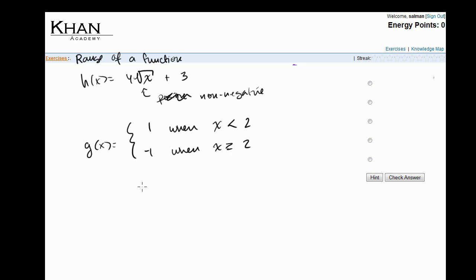So here, g of x can only take on two values. The range for this one would be literally the set 1 and -1. Or we could say the range is the set that contains only 1 and -1.